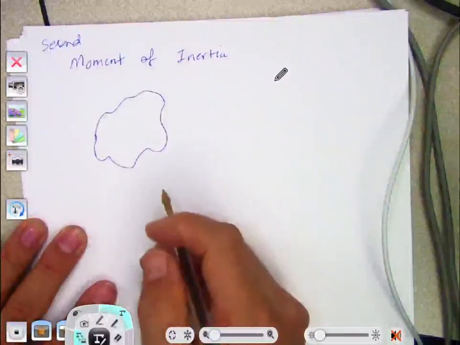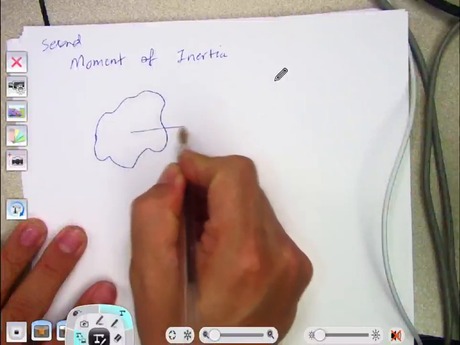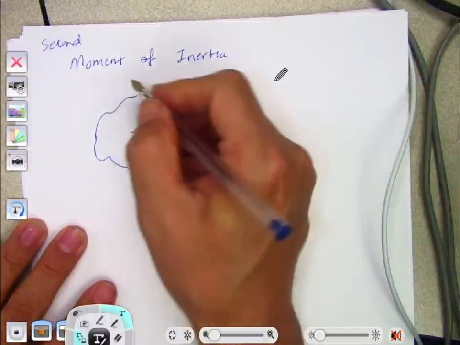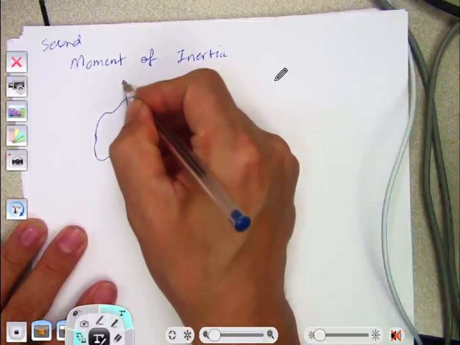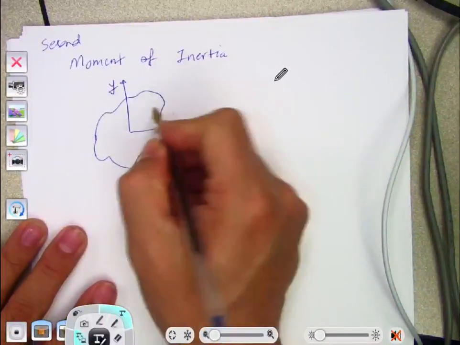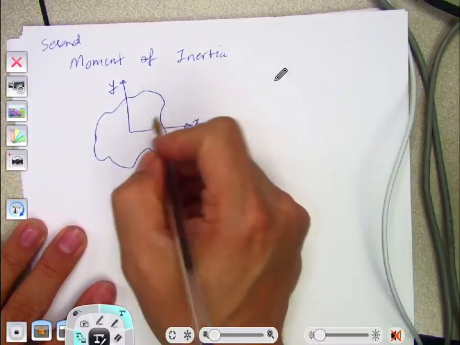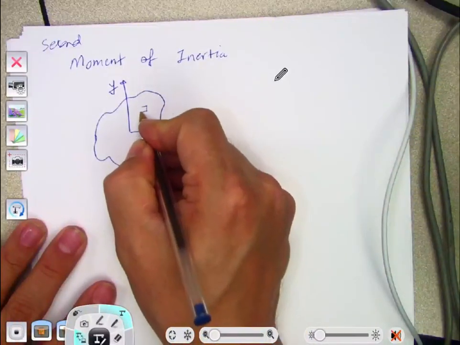If you look at an area like this, and I define the x-axis like this and the y-axis like that, then the moment of inertia of this area about the x-axis is defined like this.